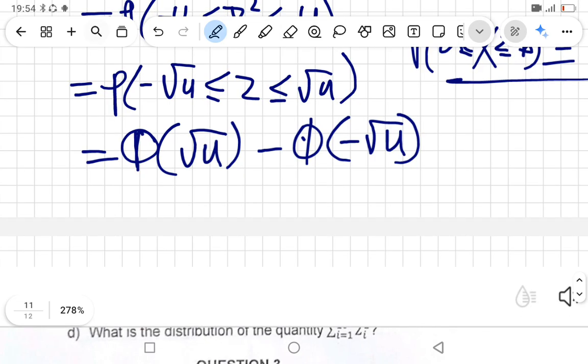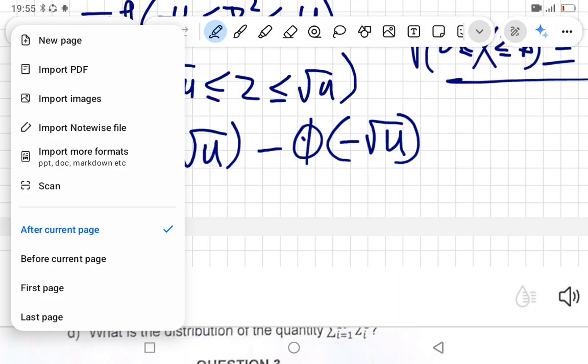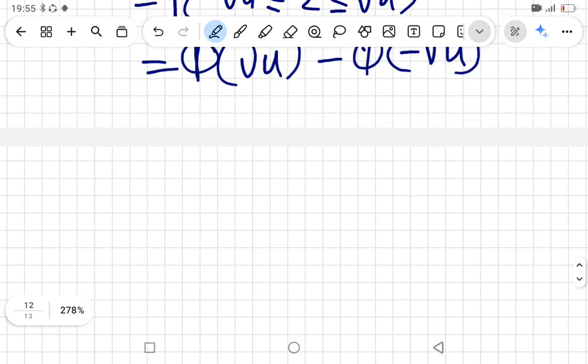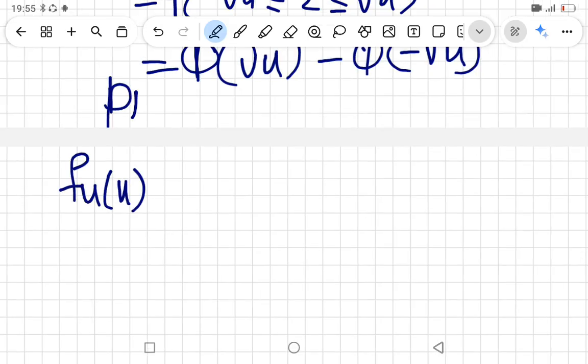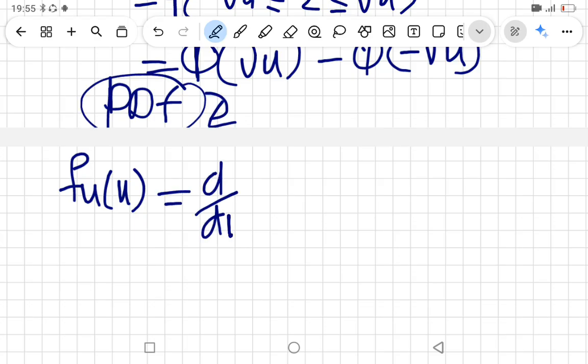Then to find our CDF, we're going to differentiate. So to find f of U, the PDF, the probability density, we're going to differentiate our function.